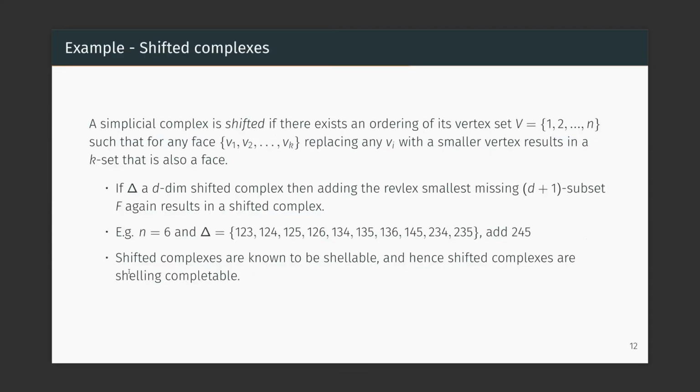And I might mostly skip this slide. I know there's a couple of shifted fans in the audience, but if you know what a shifted complex is, here's the definition.